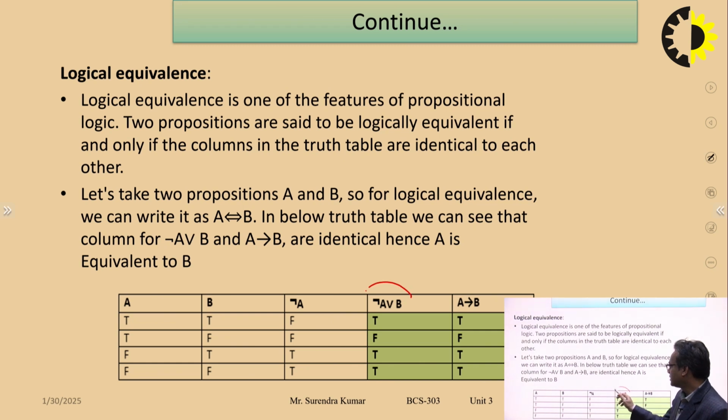If we see these two statements, the two tables are equivalent. In this way, this is called logical equivalence.